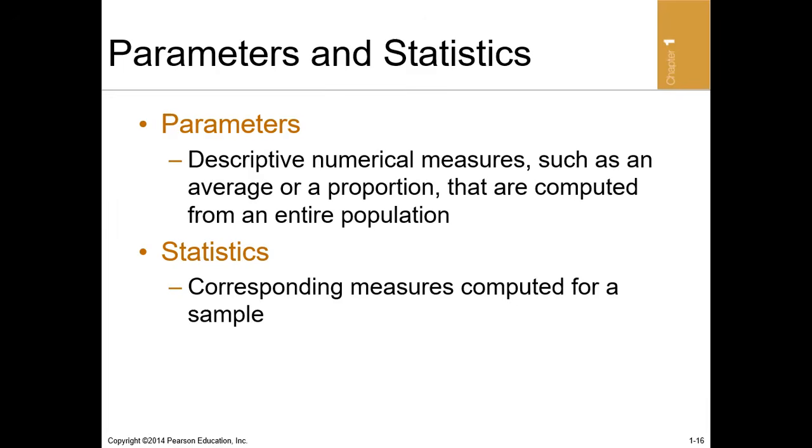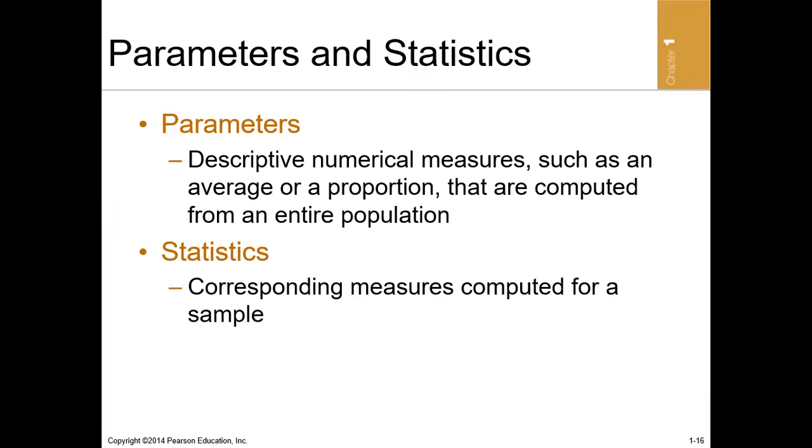Any measure that we compute for a population is called a parameter. So if I compute the mean of a population, the mean becomes a parameter. If I compute the standard deviation of a population, it is a parameter, all right?